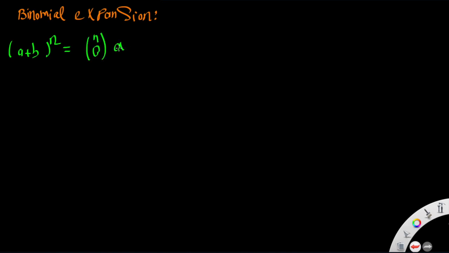I told you the first term starts from the highest power in descending order, and the second term starts from the least possible power in ascending order. The first one descending, the second one ascending. Plus combination of 1 and n, a to the power of n minus 1, b to the power of 1. As you see, one of them is decreasing, the other one is increasing.